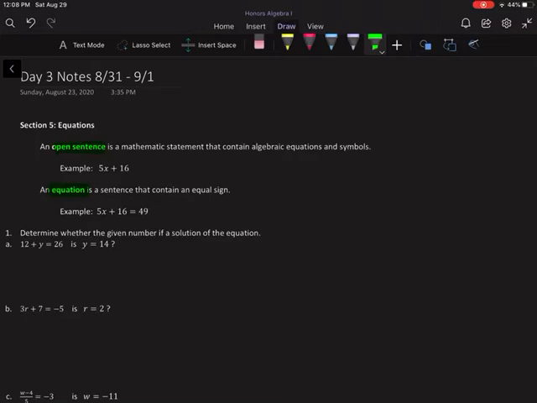So yes, next chapter we'll be solving equations like this, but for now we're just going to continue with the order of operations and to just recognize what can be a solution or not a solution to an equation. So determine whether the given number is a solution of the equation. So I have y is equal to 14. I'm going to plug that into here.